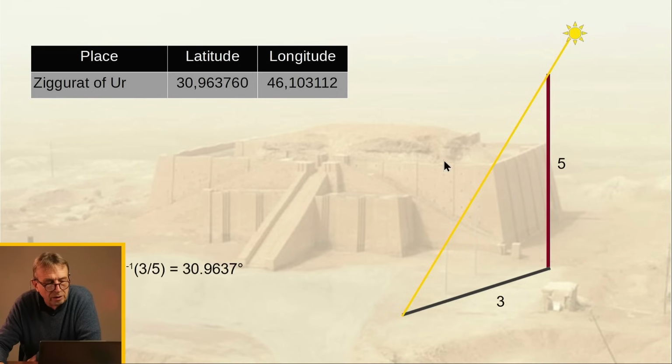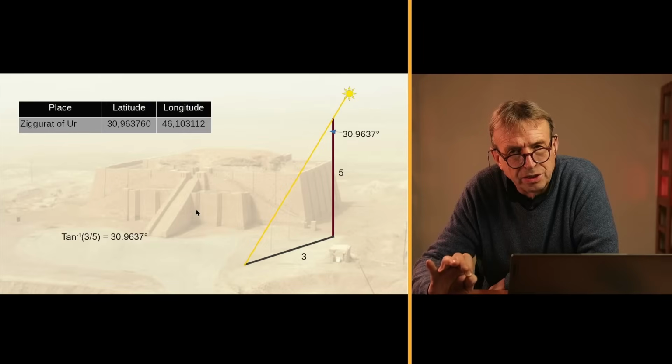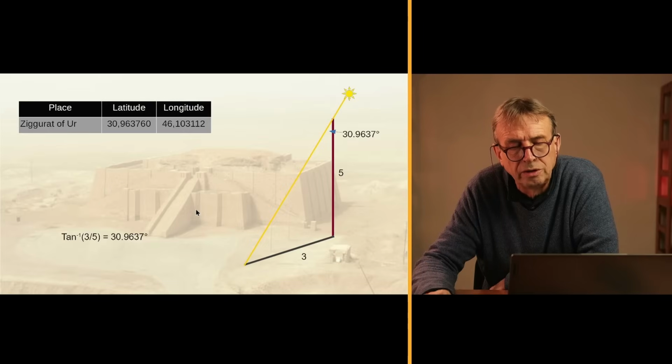And so the inverse tangent of 3/5 is 30.9637 degrees, which is the exact latitude of the town of Ur. And you can see this in this triangle here. It's the angle of this triangle between the pillar and its shadow. So the town of Ur was placed at a very specific latitude linked to whole number geometry.